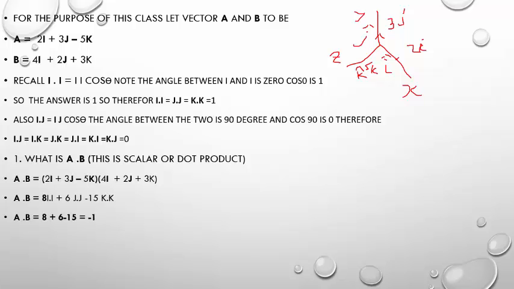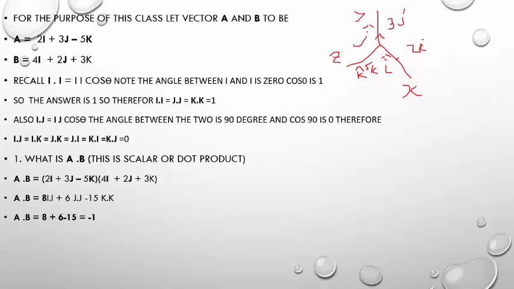If I find the magnitude of a unit vector, it will give me 1. And the angle between them is 0 because they are on the same line. So 1 times 1 then cos 0 will give me 1. So the answer is therefore 1.